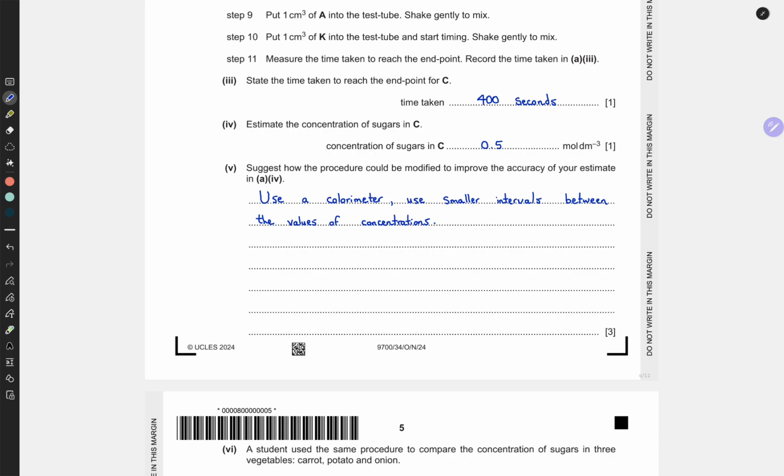Of course, there is the usual way for increasing the accuracy, which is repeat the experiment and calculate the mean.